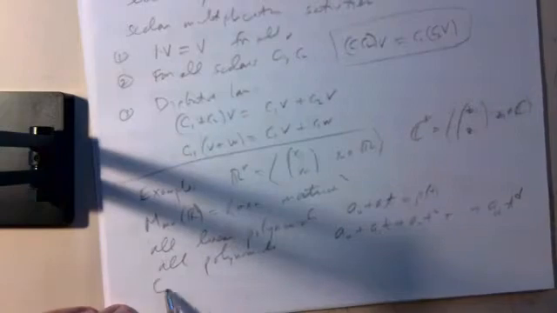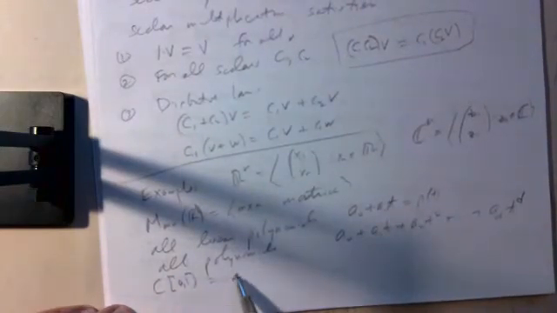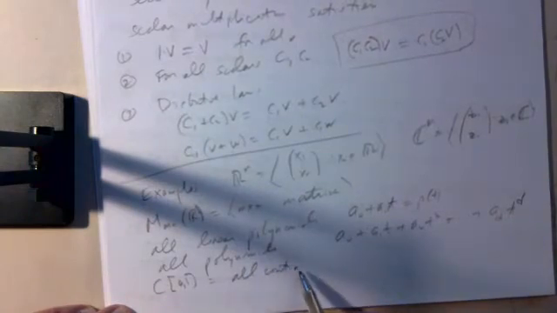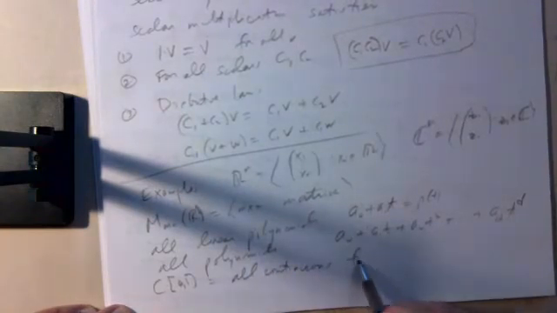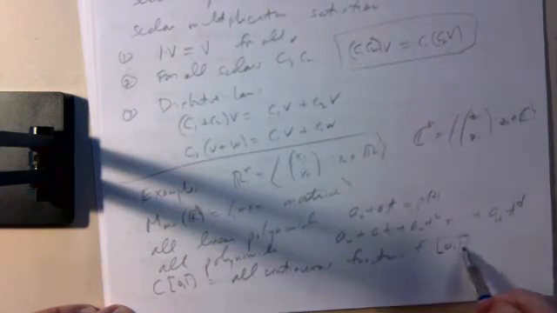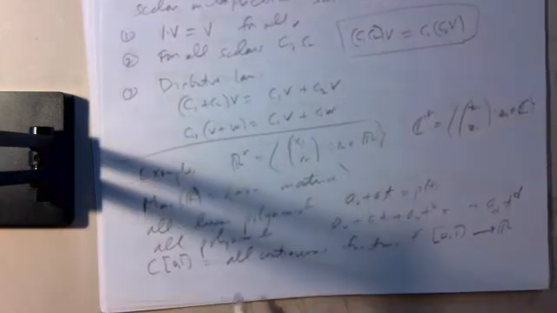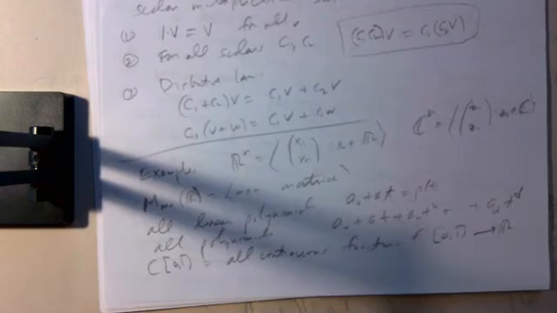In calculus, let's call, say, C01, the set of all continuous functions from the unit interval 0, 1 into the reals, just what you studied in calculus. Because one of the theorems in calculus is that the sum of two continuous functions is continuous, and if you multiply a continuous function by a scalar, you get a continuous function.